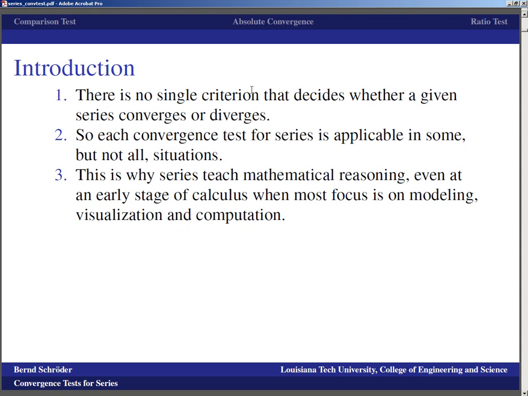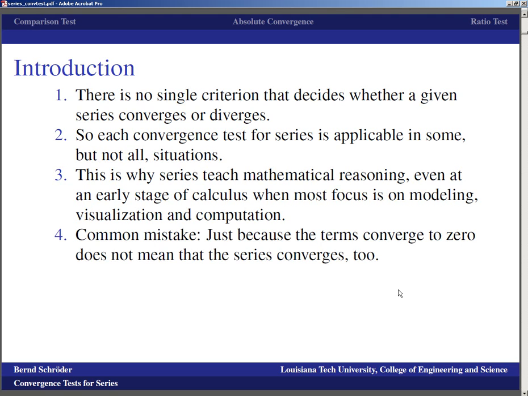Because what we have here is a bunch of implications where A, B, C, and D imply convergence, and then E, F, and G imply divergence, and if we can use one of those implications, great, but if we can't use any of those implications, then we are still left to try to figure out something else.